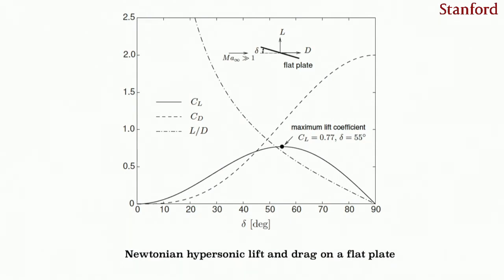And then one thing to notice also that is important is that the drag goes more rapidly to 0 than the lift at 0 angles of incidence, and as a result, the lift over drag goes to infinity when the plate is aligned with the stream, right? So you see there the lift over drag curve diverging at the small angles delta.